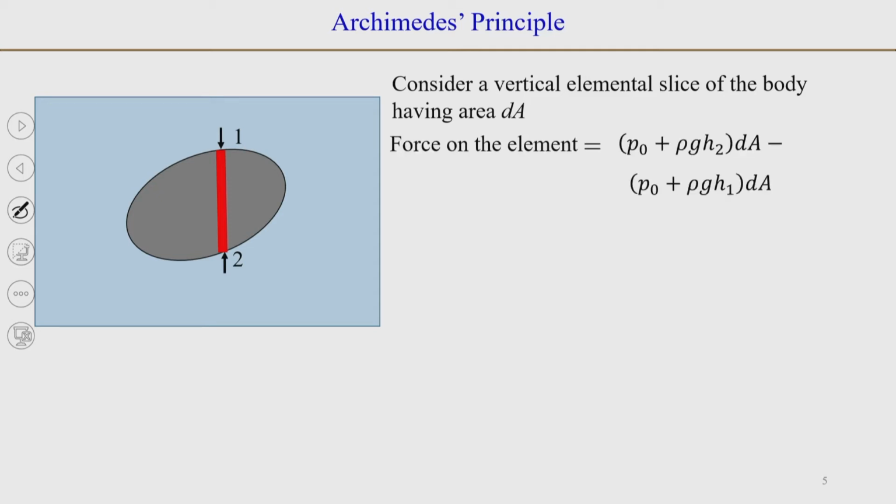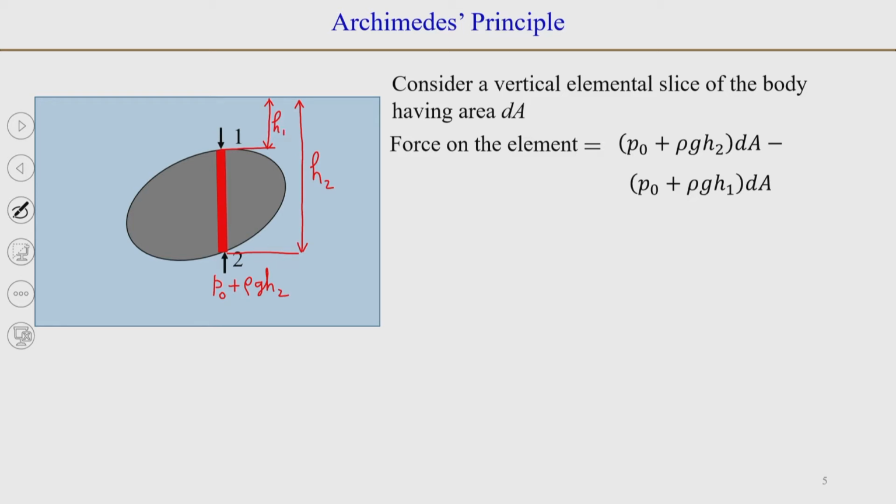Then the pressure on the lower surface will be P naught plus rho g h 2, where h 2 is this depth, and h 1 is the depth of point 1.